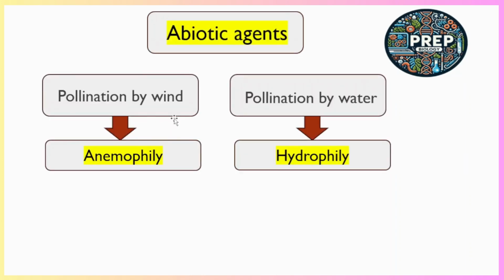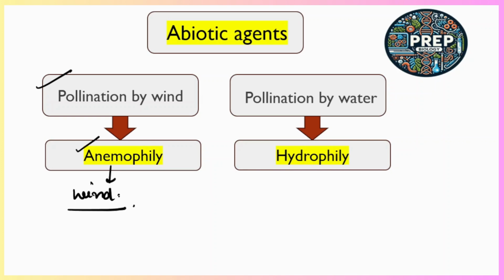If we talk about the terminology that is used for the pollination by wind, that term is called anemophily. Anemophily means the transfer of the pollens from anther to the stigma with the help of wind.